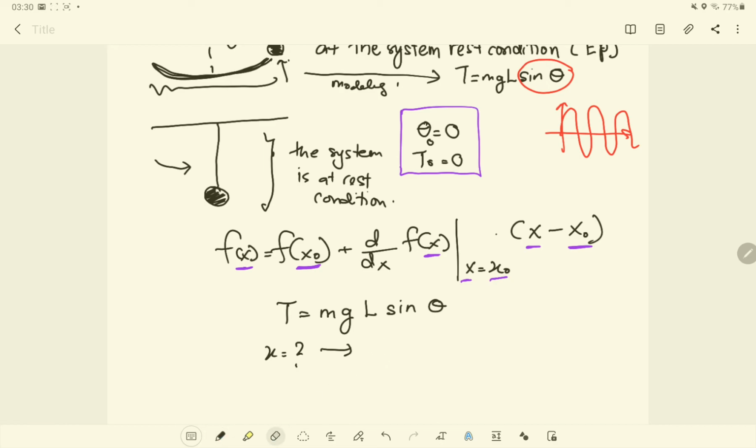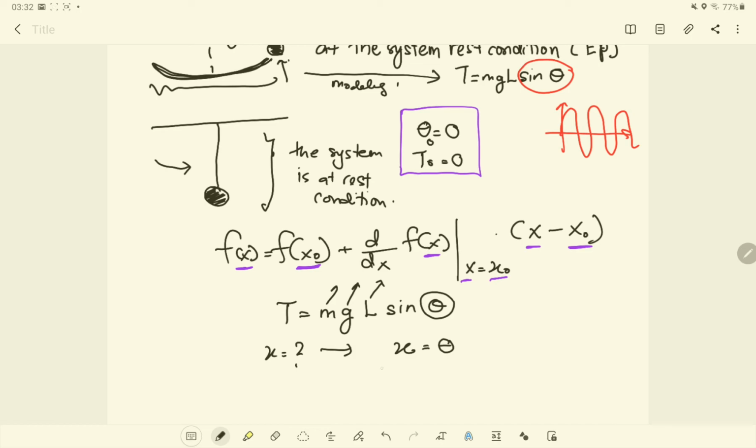So m is constant, m is mass, g is constant, g is the gravity force, l is constant, l is the length of the inverted pendulum. So here the only value that changes is theta. Therefore, x is equal to theta, the only variable that changes throughout time.